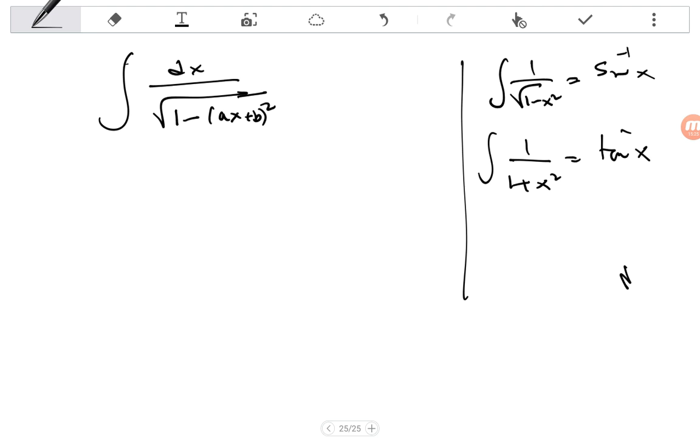These are two very important rules. One with the root, which gives me sine inverse, one without the root, which gives me tan inverse.